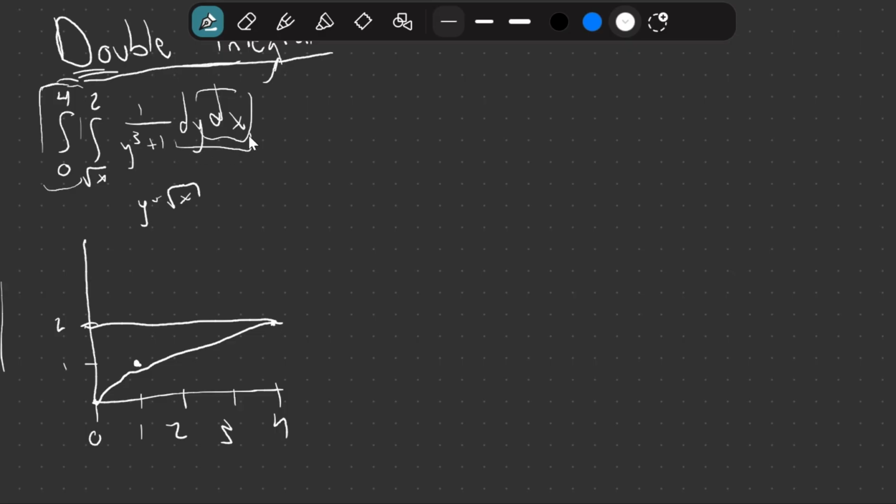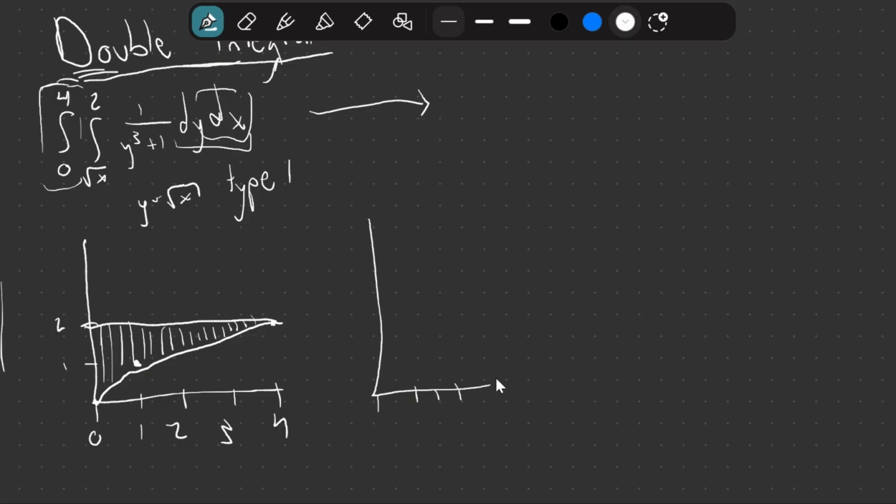And since it's in dy dx, we know that that is type 1, which is vertical lines. And now we need to switch that to be type 2. So if we graph it again from 0 to 4, drawing it a little smaller so I have space here to actually solve the integral.